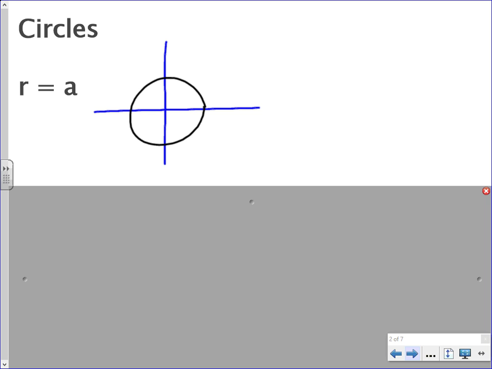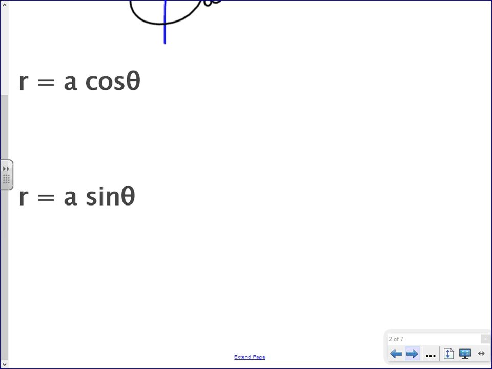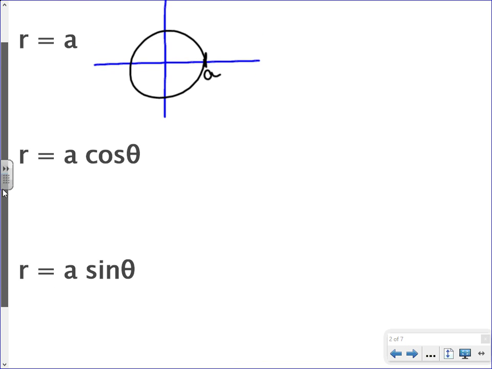And what would A be referring to? The radius, right? A would be the radius all the way around, and we would have the center at the pole.